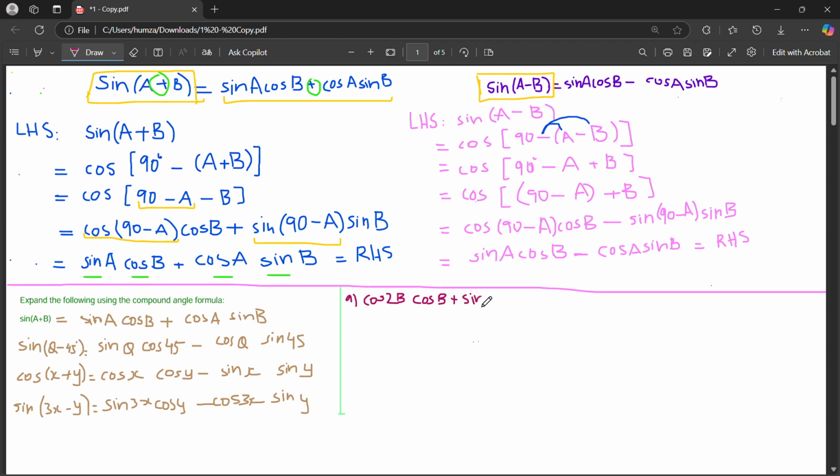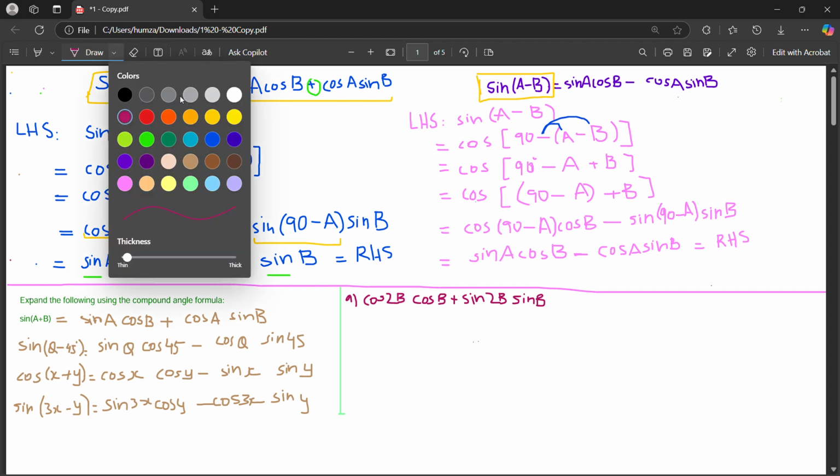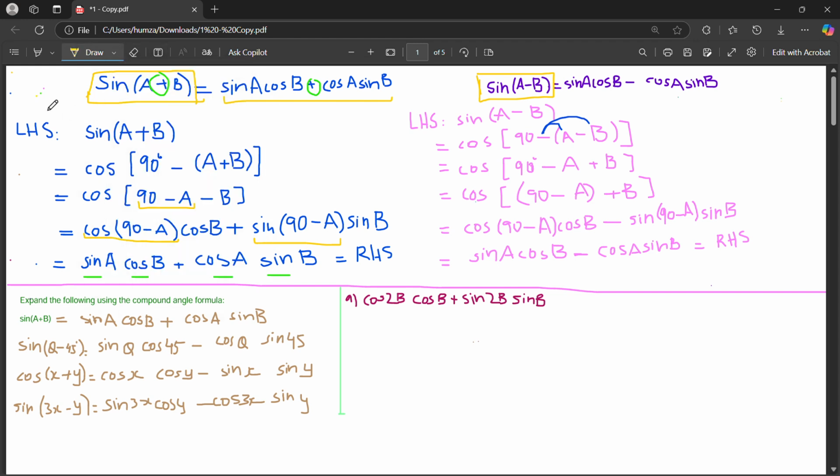So this is sin 2b and sin b. Okay, now cos 2b cos b plus sin 2b sin b. We are going to identify different parts of this question. There is a positive sign, there is a pattern cos, cos, sin, sin.